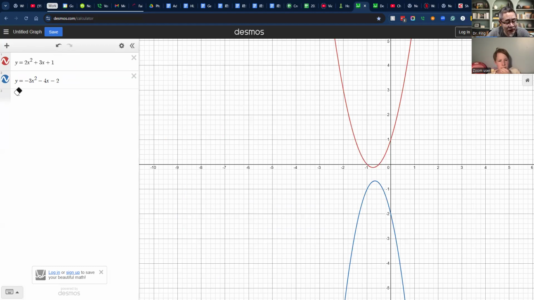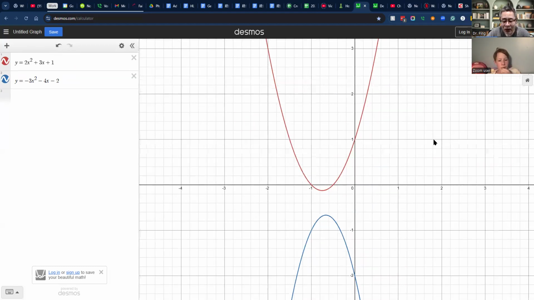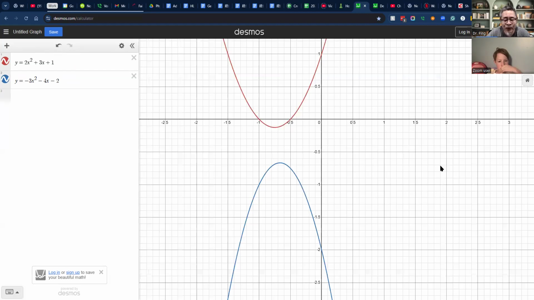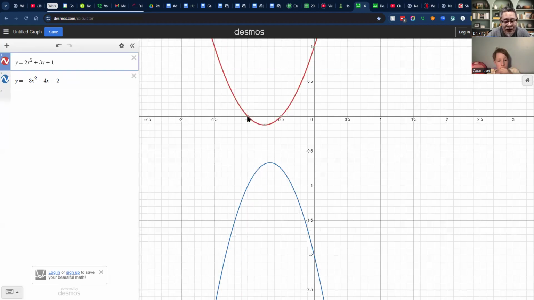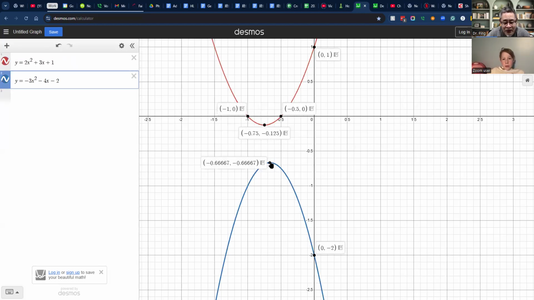In this case, the first one, the red one, has x-intercepts. There are 2 points, here and here. But not the blue one. The blue one has no x-intercept, but they all have a y-intercept. And they all have the vertex point.